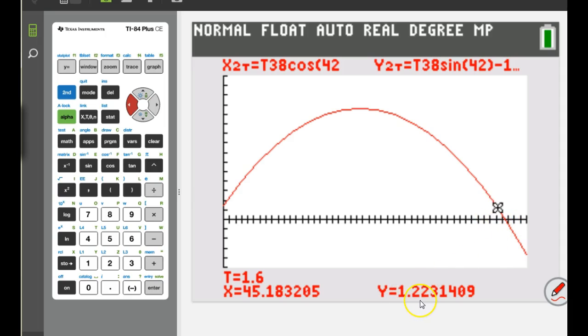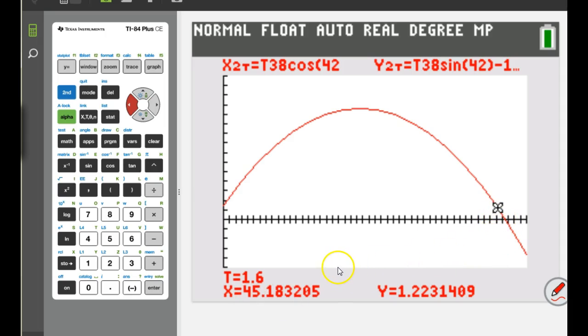Here it's 1.2 what? What does this number represent? Yes, this is y, so it's off the ground still at 1.6 seconds. Here it's underground, okay, it's already hit by negative 1.5 at 1.7 seconds. But if you notice, not too much difference there.